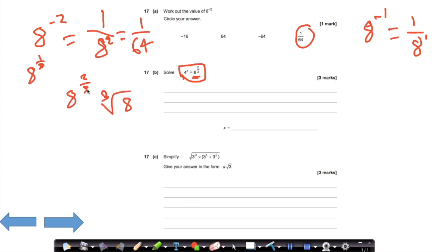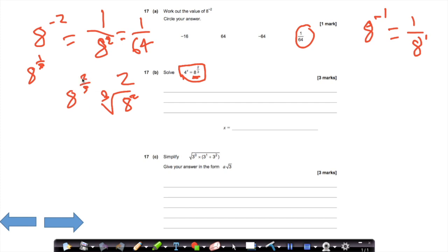So this would be the cube root of 8, which is 2, because 2 times 2 times 2 makes 8. But we have to remember we've got to square it. The numerator in your fractional index tells you what power to raise the number to.